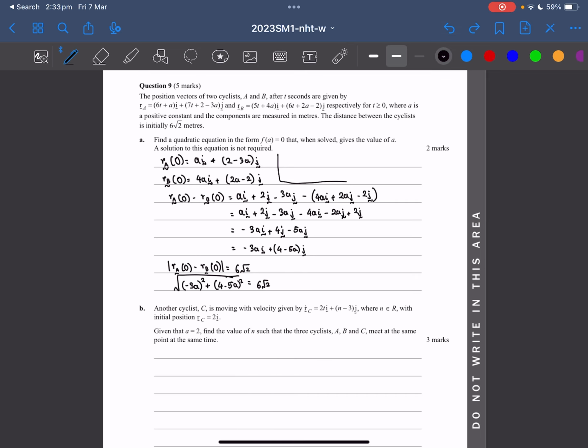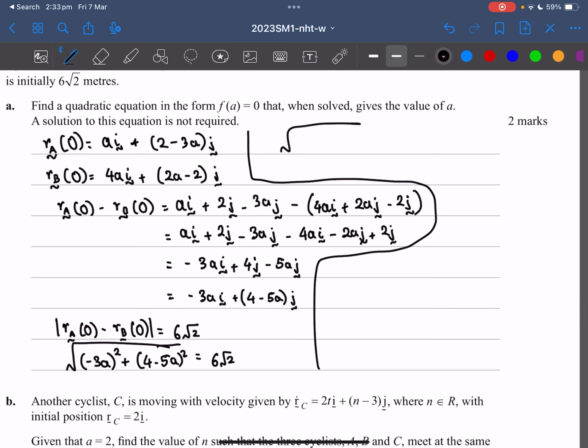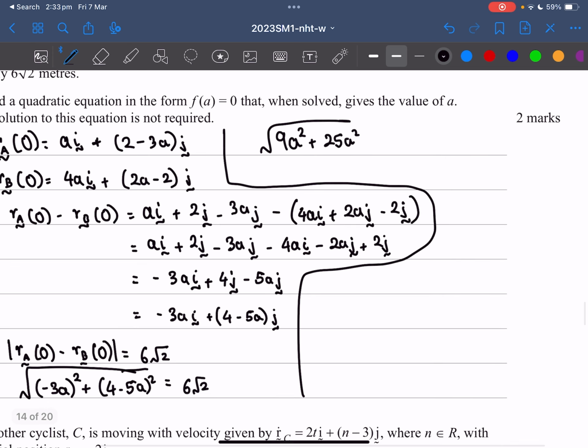So that is going to be 9a squared plus 25a squared plus 40a plus 16. Wait, minus 40a, not plus. And that has to equal 6 root 2.